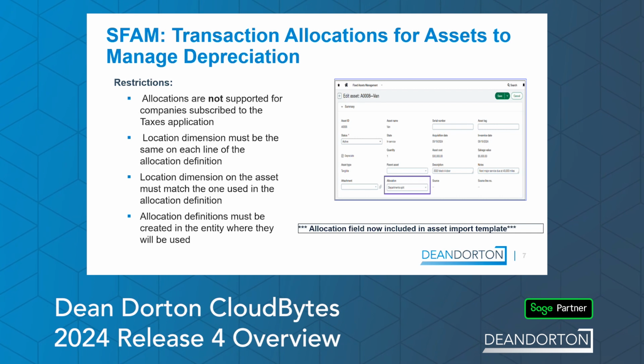Transaction allocations for assets. You do have more of an ability now within the fixed asset setup screen to access that allocation. And those, again, are transactional allocations. I want to distribute 25% to this department, 40% to this department, 35% to this department, et cetera. You have that ability now. So maybe you bought some bulk assets.